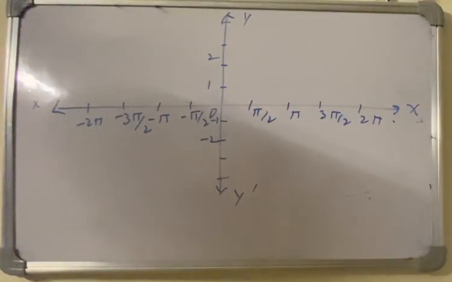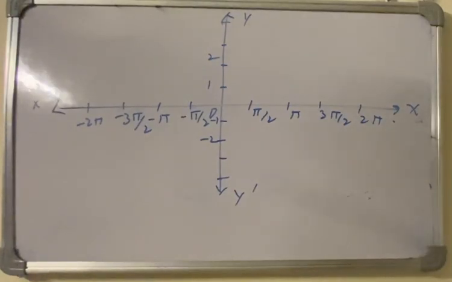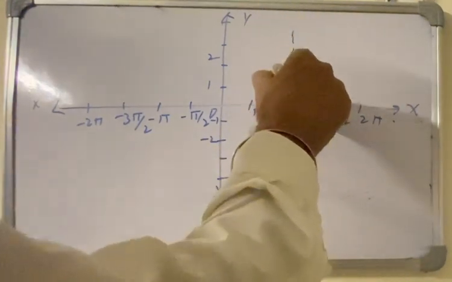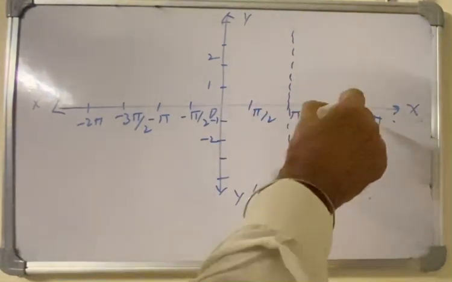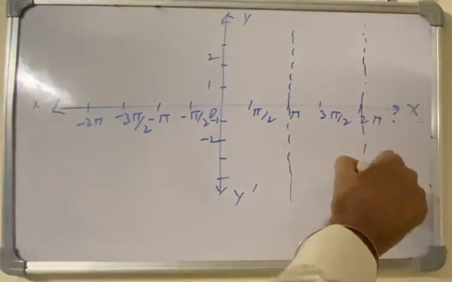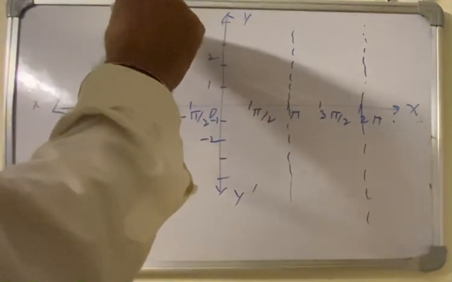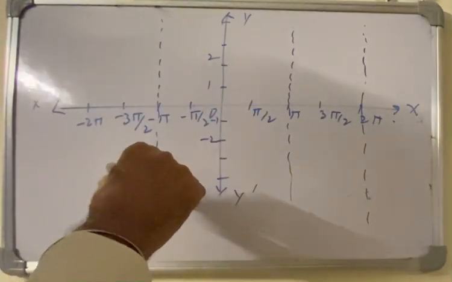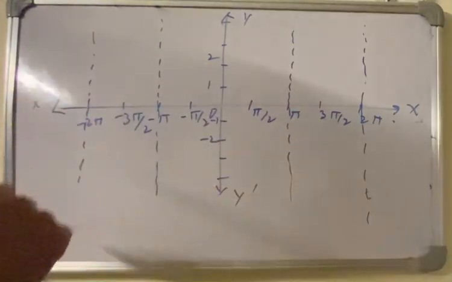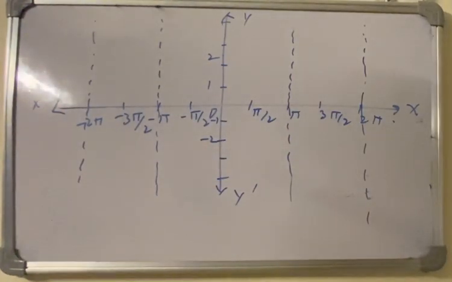Now, at pi by 2, the value of cosecant x is 1. Before that, we are drawing line through pi parallel to y-axis, similar to through 2 pi parallel to y-axis, then through minus pi parallel to y-axis, and then through minus 2 pi parallel to y-axis.